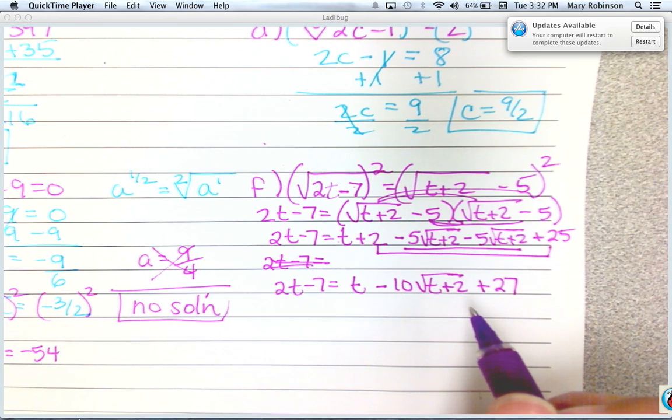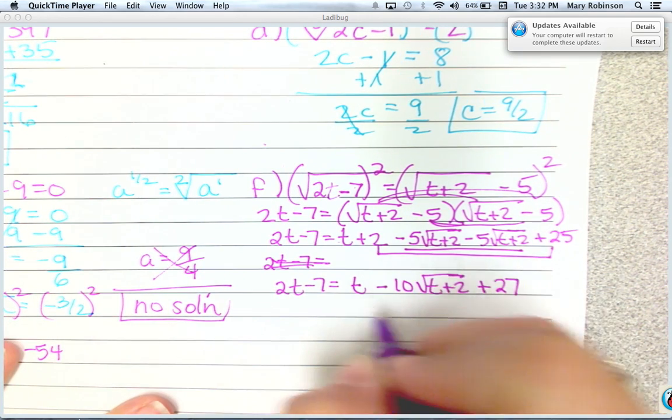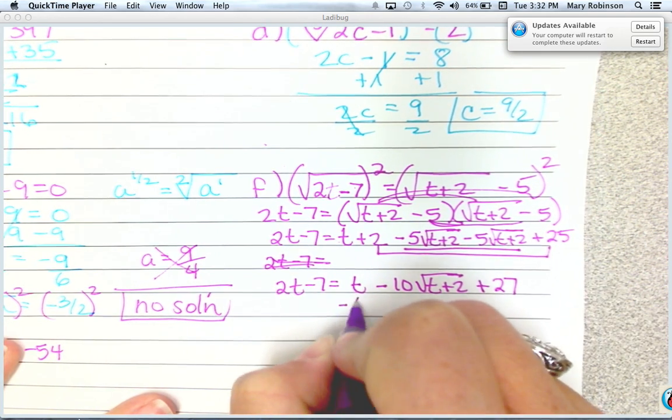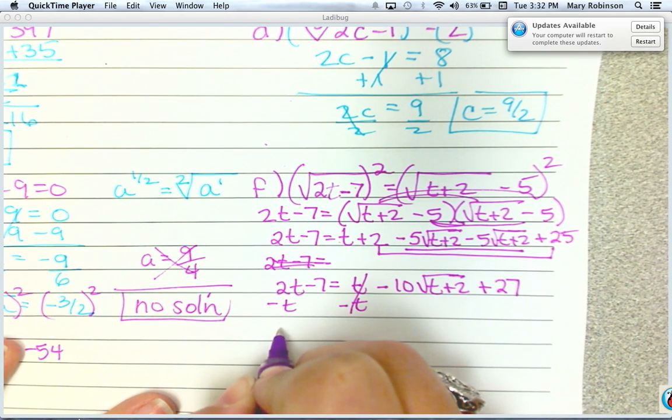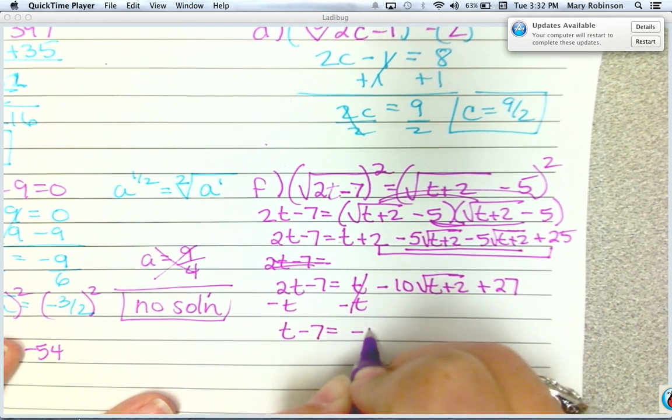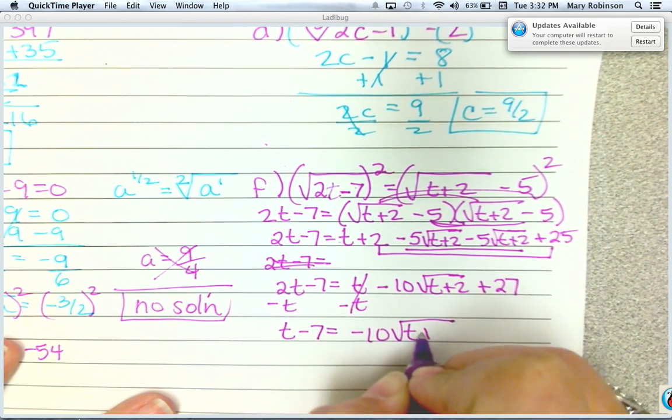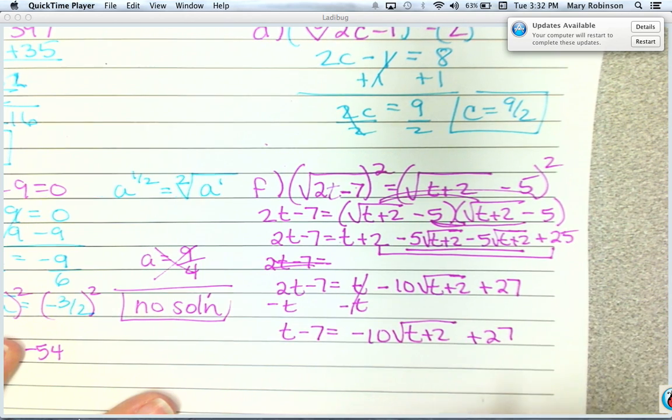Now we would solve this like we would any other equation, by isolating our radical. So if I subtract a t term from both sides, I get t minus 7 equals negative 10 square roots of t plus 2 plus 27.